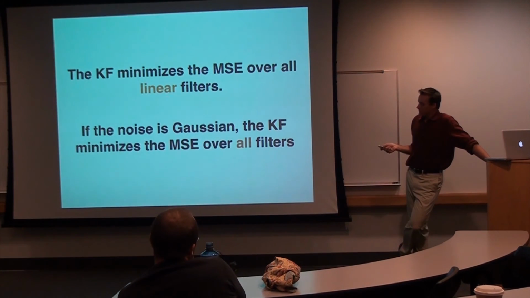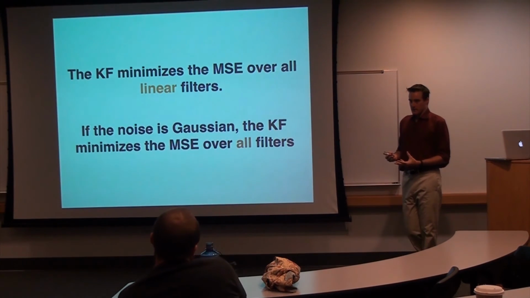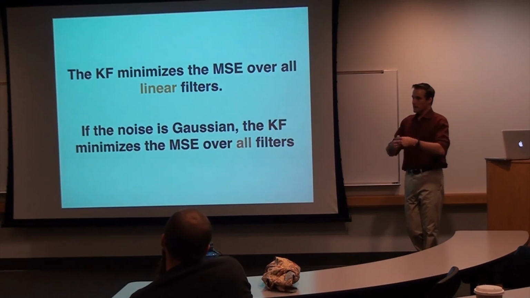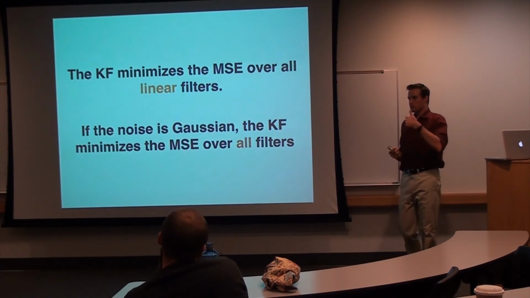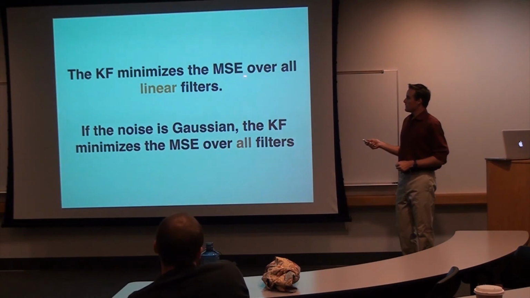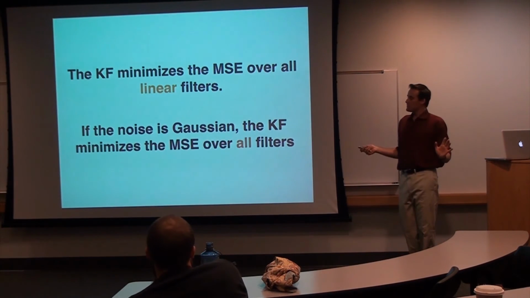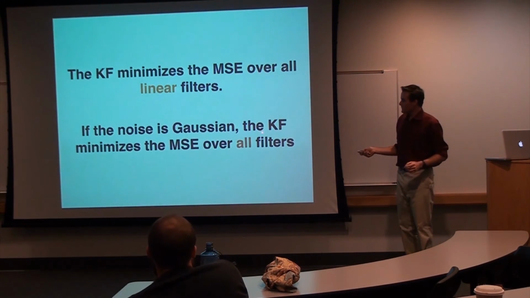Over all linear filters, all filters that take a sequence of measurements as an input and produce a sequence of state estimates as a linear function of those measurements, the Kalman filter is the one that minimizes the mean square error of those estimates. When people say the Kalman filter is optimal, they mean these two things.